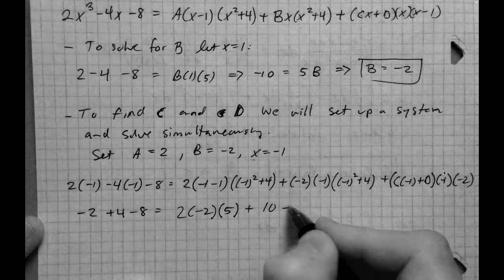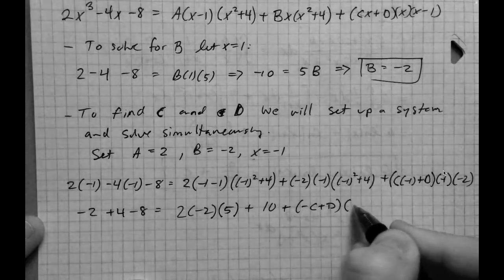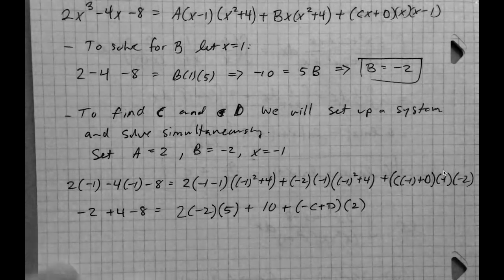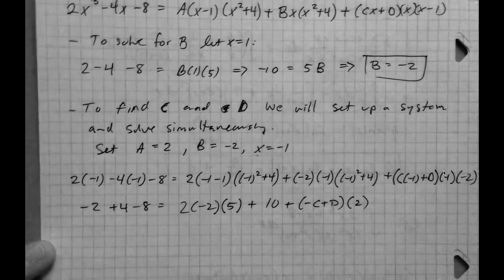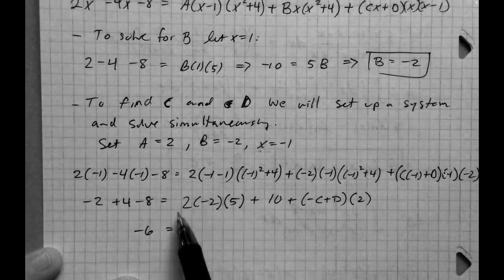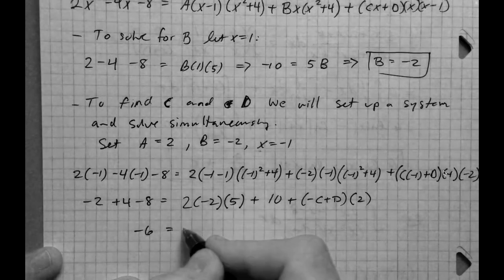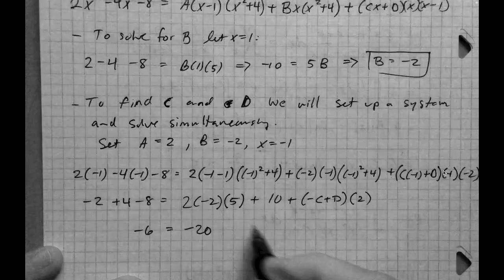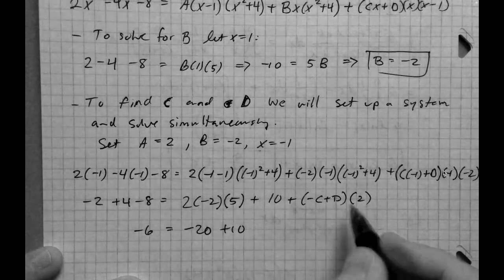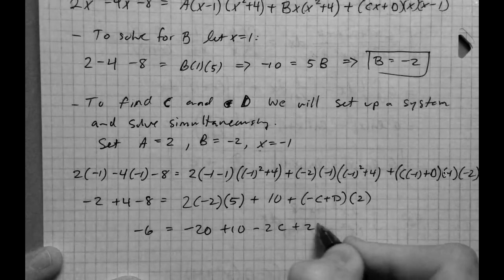Okay, and then plus negative c plus d times 2. Okay, so we're getting closer here. And so all of this is negative 6. And then what do I have here? I've got 5 times 2 is 10, so this is negative 20, plus 10, and then this is minus 2c plus 2d.